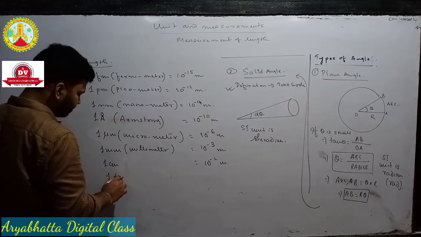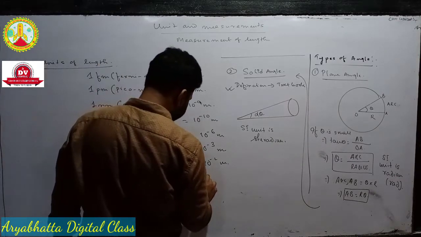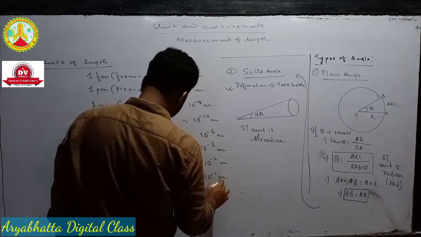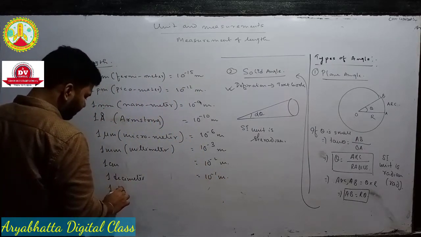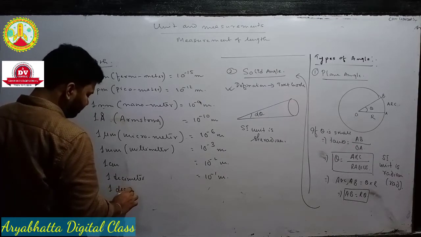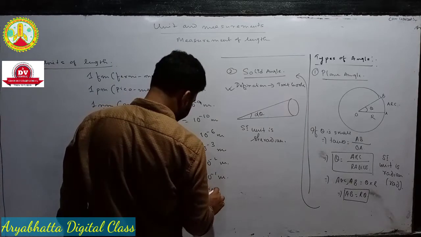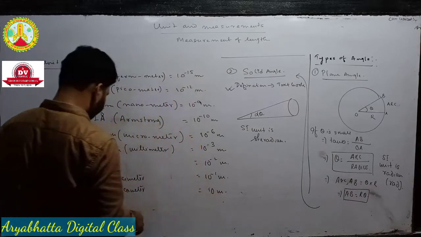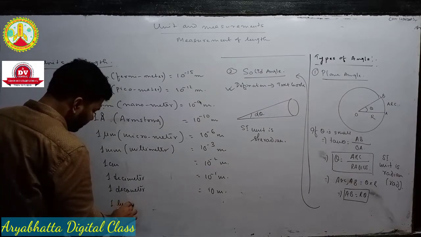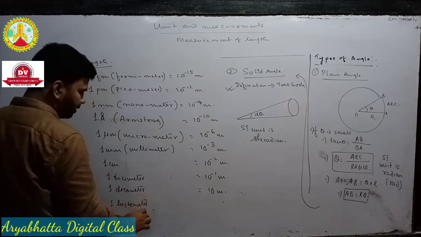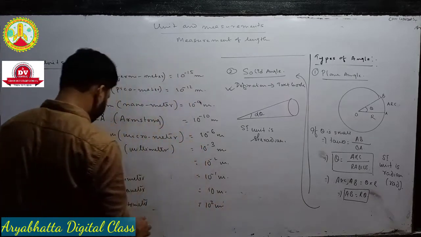Next one is 1 decimeter. Next one is 1 decameter, which is 10 meter. Next one is 1 hectometer, this is 10 to the power 2.